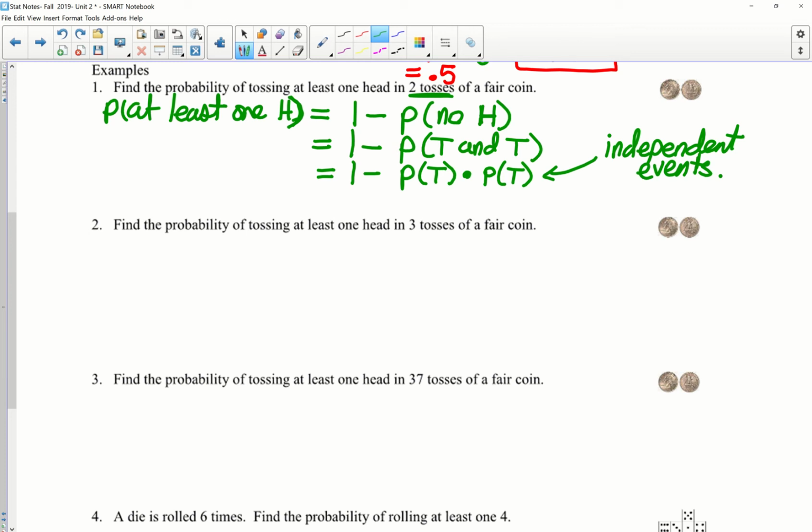All right? So 3 of them are independent events, or just the last one? The last one? The tails and the tails. Yep. So we're looking at 1 minus, the probability of tails is 1/2 times 1/2. So 1 minus 1/4 is going to be 3/4.